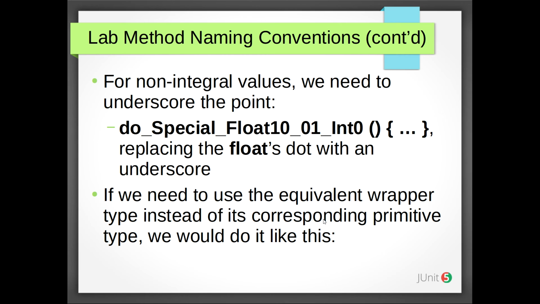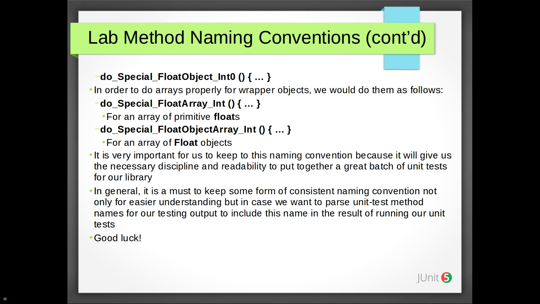If we need to use the equivalent wrapper type instead of its corresponding primitive type, we will do it like this. We saw it before, but let's reiterate. Do_special_float_object_int_0, for example. So we're passing a float wrapper object in, and we should be getting an integer of value 0.